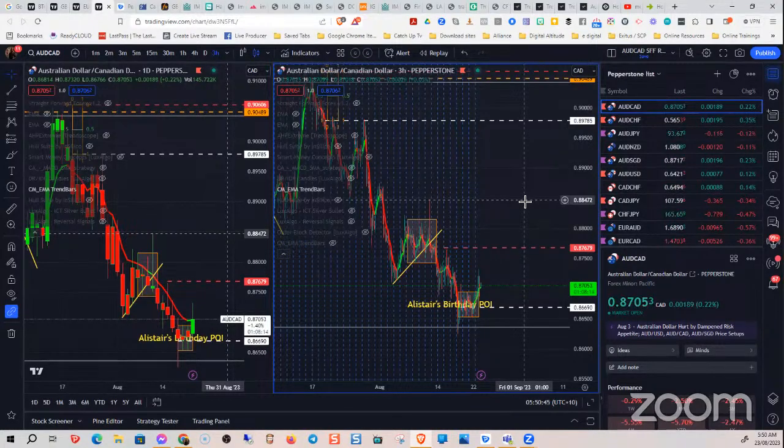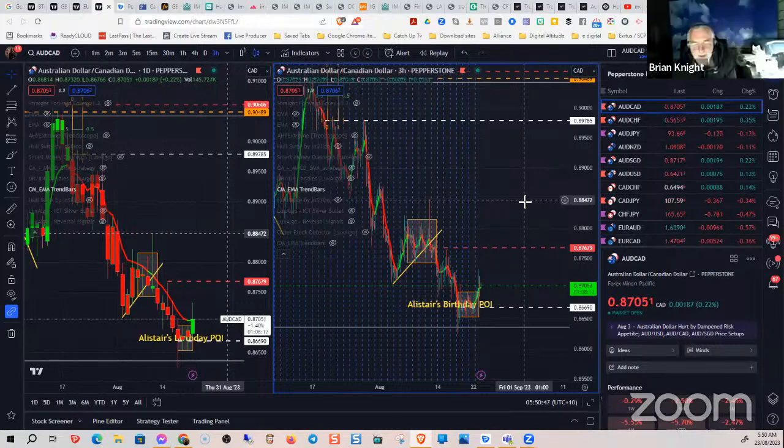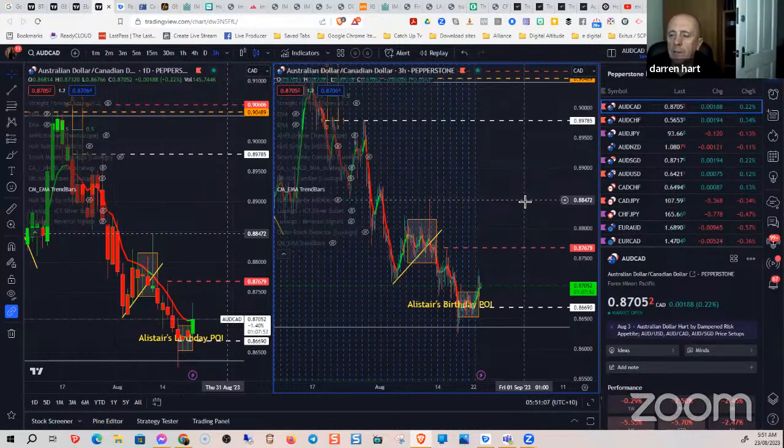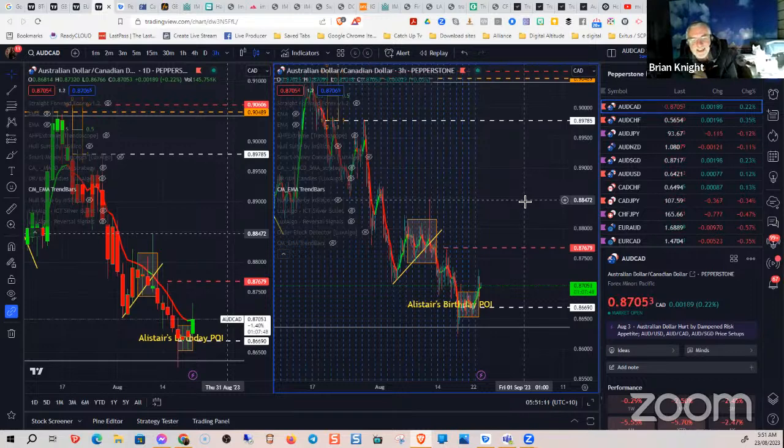It's just that pullback. So you're grabbing little bites out of it as well. There are so many different ways of trading this. What could this pullback be, Darren, for us? What could this be for a basket trade? I think, yes, the opportunity to get in for another sell.